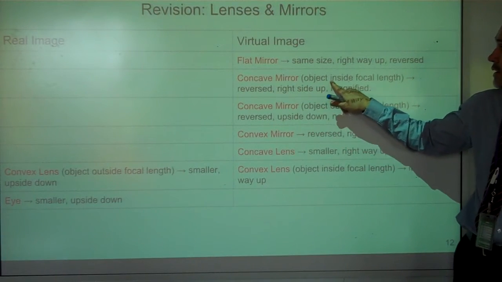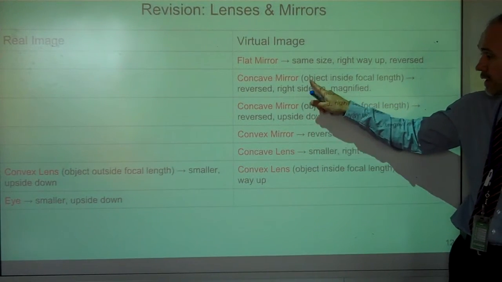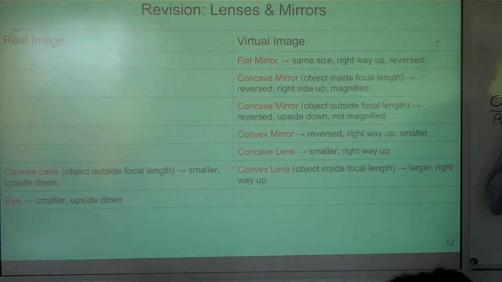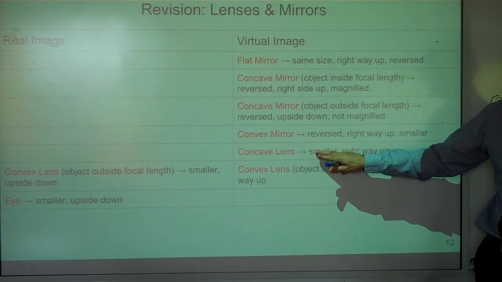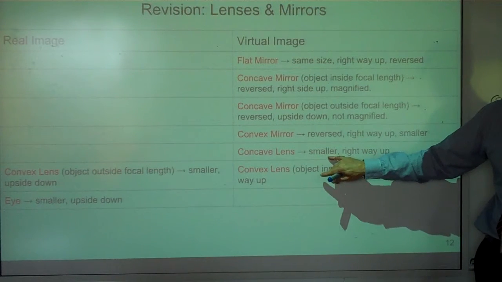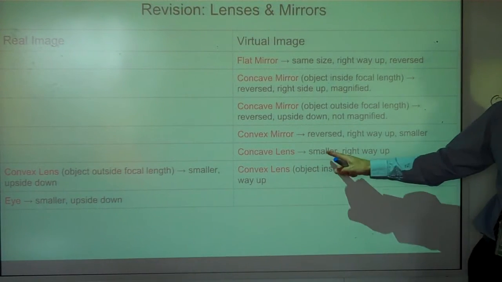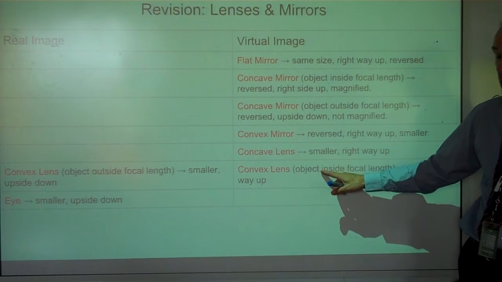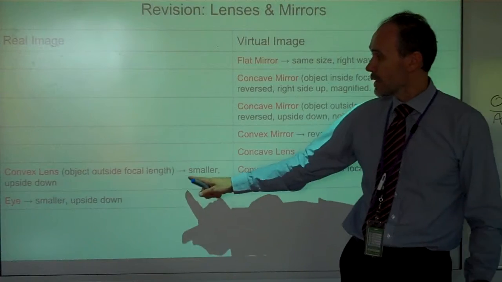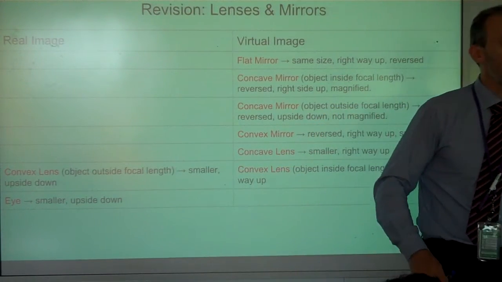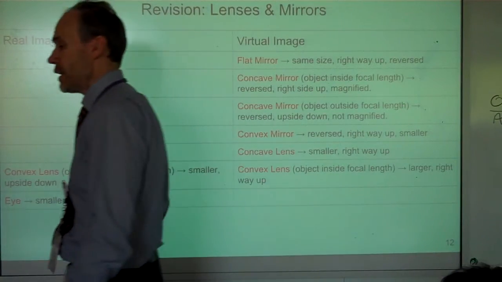Concave mirror and convex mirror both produce a virtual image, as mirrors do. A concave lens and a convex lens both produce virtual images, depending on how close you are to the convex lens. But with a convex lens, if you're outside the focal length, you get that real image, smaller and upside down.